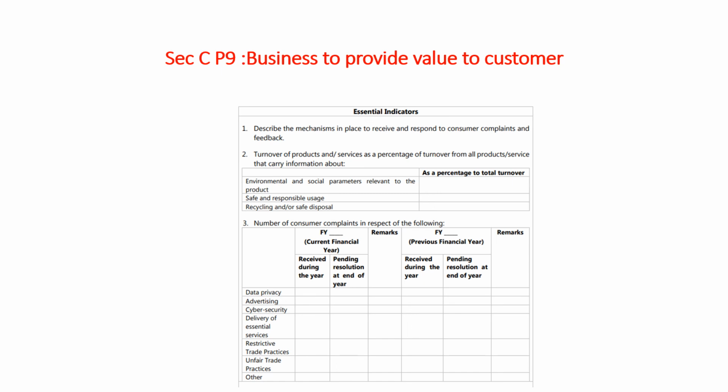Number of consumer complaints with respect to the following. Data privacy. So if you have received consumer complaints in these categories, you have to provide here during this year and during the previous year. Complaints with respect to data privacy, advertising, cyber security, delivery of essential services, restricted trade practices, unfair trade practices, others.